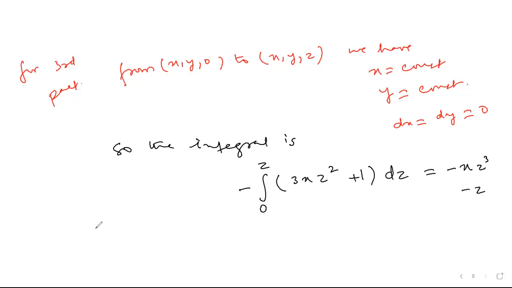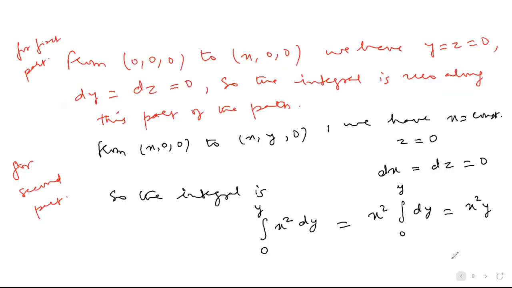So adding these three results, which three results? For first part of the path, the value of the integral is 0. For second part, it is x square y.